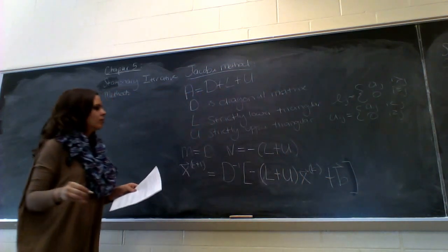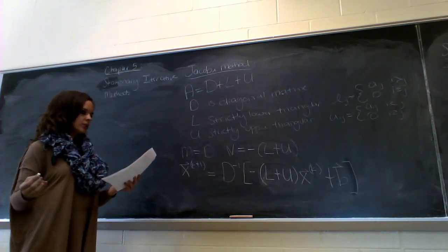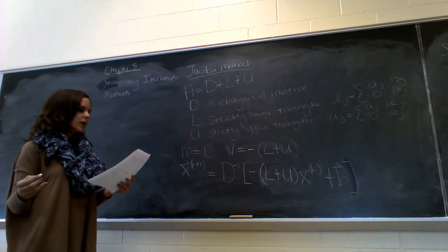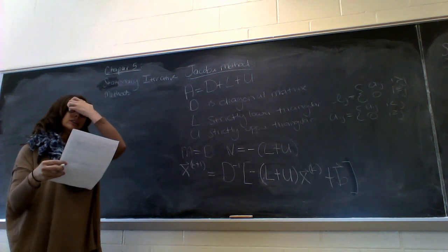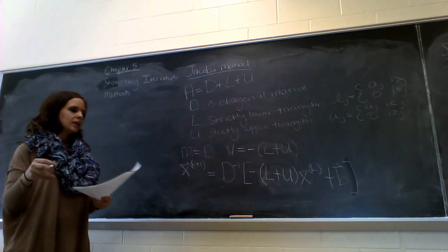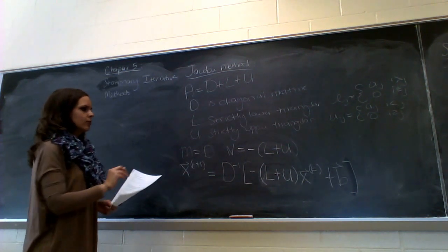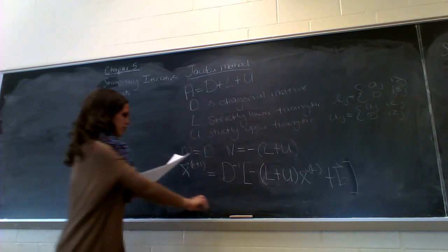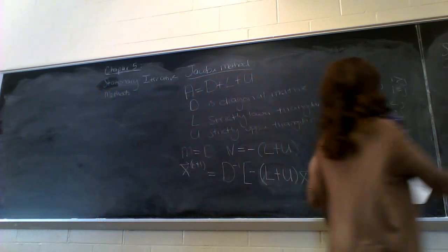So this is our iteration for the Jacobi method. And we can also look at this in element by element form instead of just in matrix form. And that's what we'll do now.